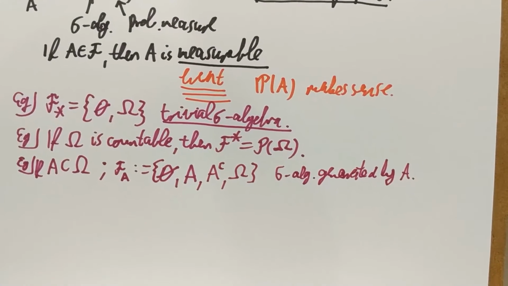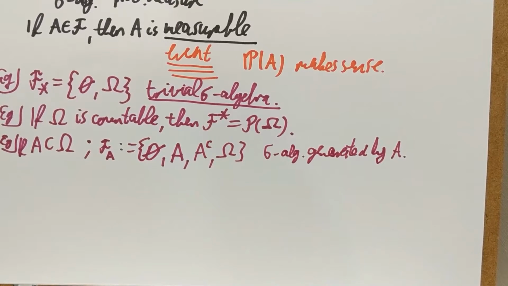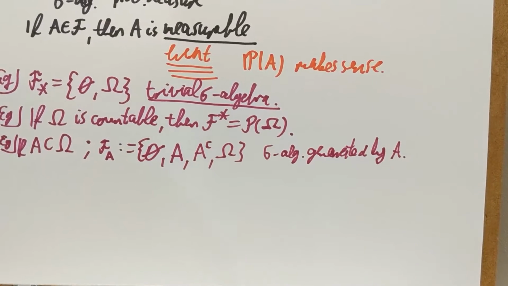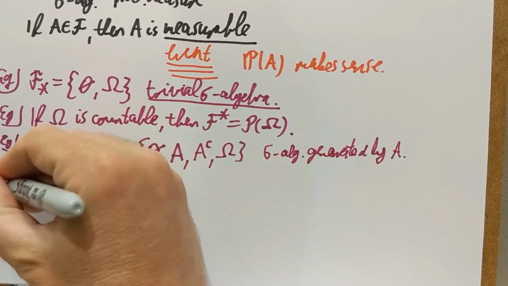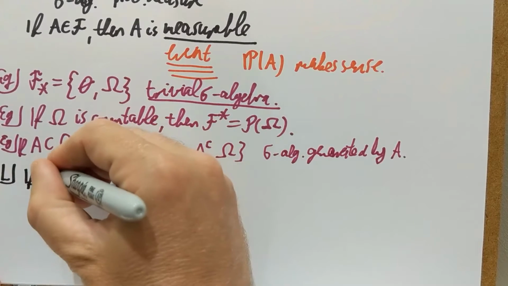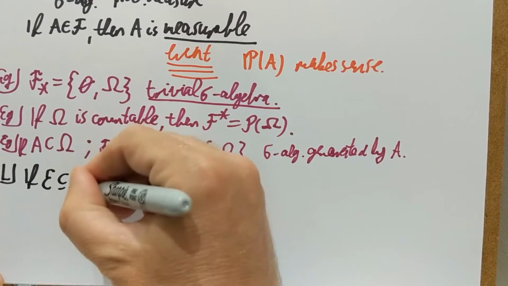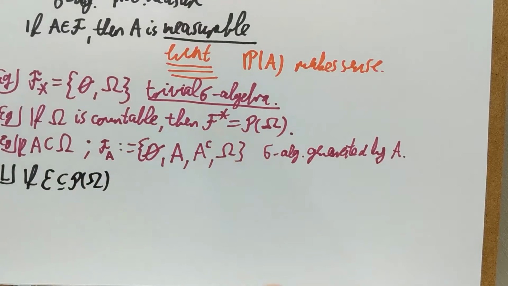Let me now give you a lemma which will be useful to come up with more examples, and actually we're going to use that lemma in a second. Okay, so here's a little lemma. Suppose that you have a family, which I call script E, of subsets of omega, so a family in the power set.